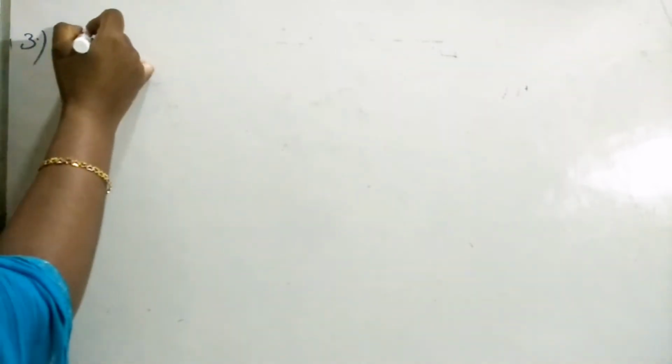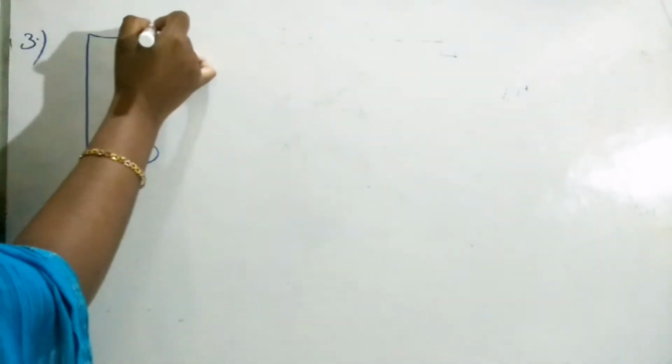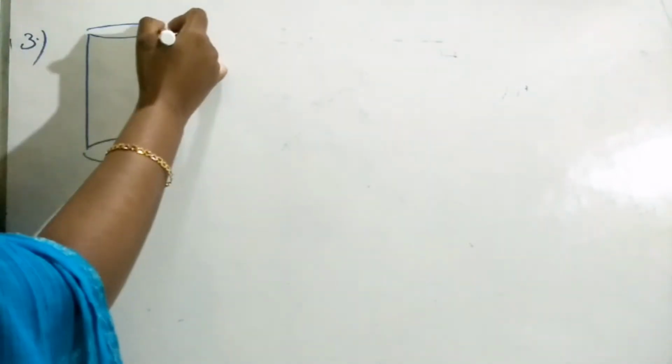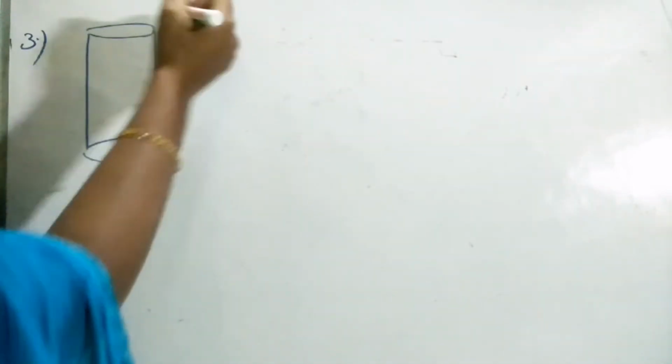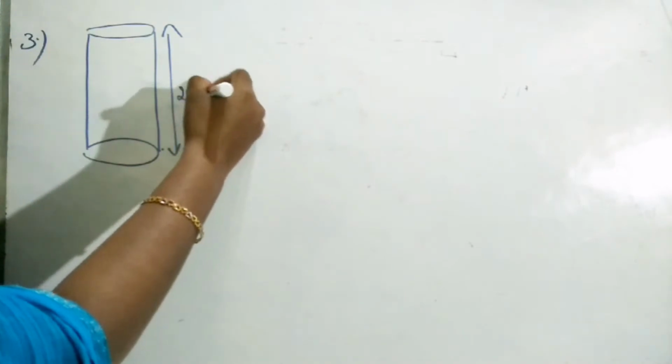Third question. A 20-meter deep well with a diameter 7 meter. Well means a cylinder. Depth is given, that is 20 meter.